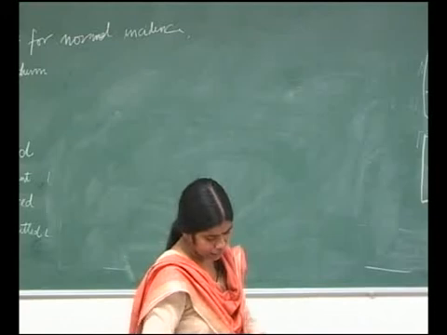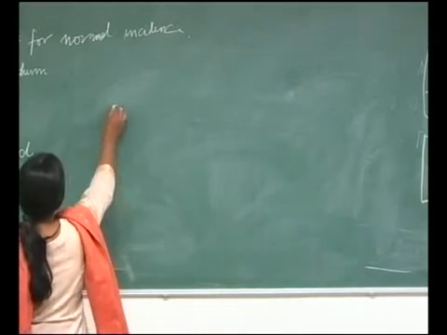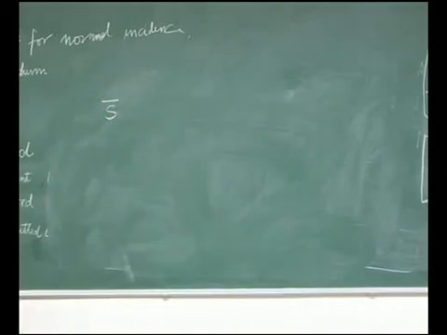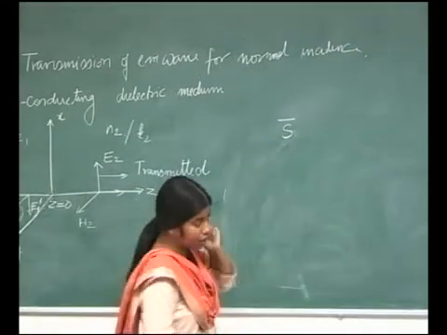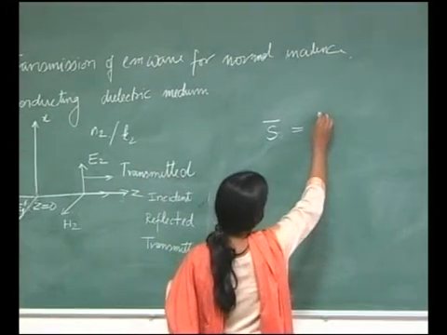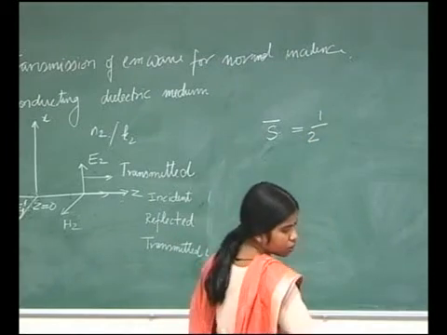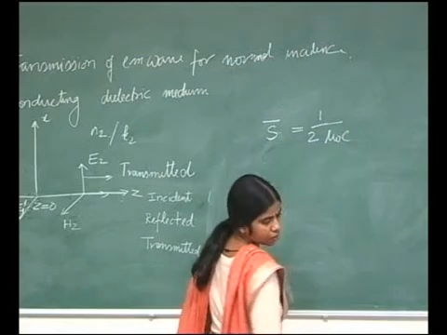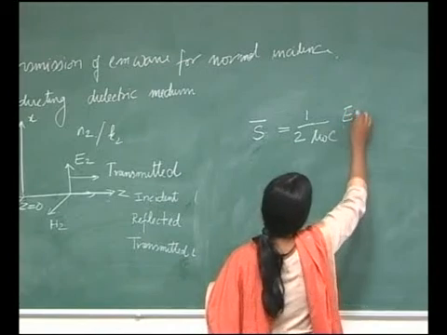So, I can represent my average power; the Poynting vector is denoted by S. This is the formula for average power, and that is equal to 1 upon 2 mu naught C into E square.